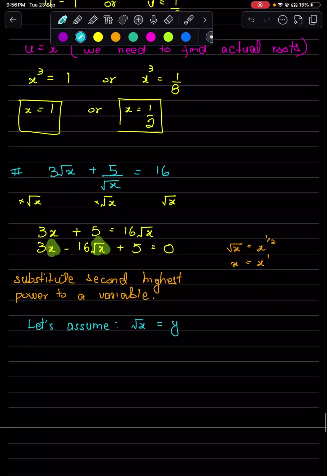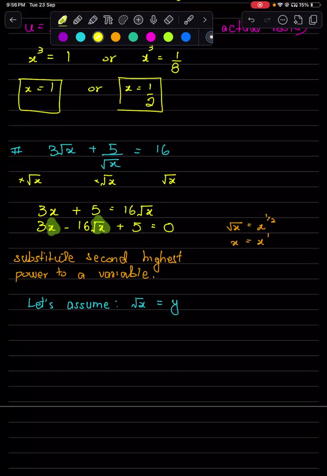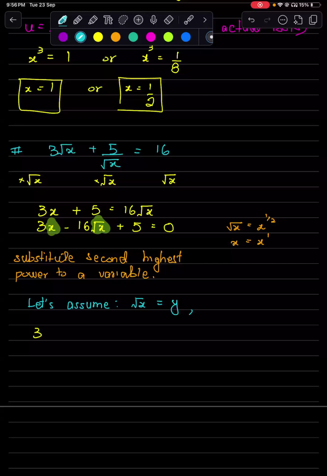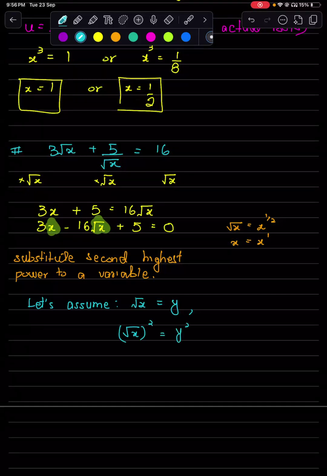Okay? Then my equation would become, if root of x is equal to y, and if I take the square on both sides, square and square, that is going to give me y squared is equal to x, right? Make sense?